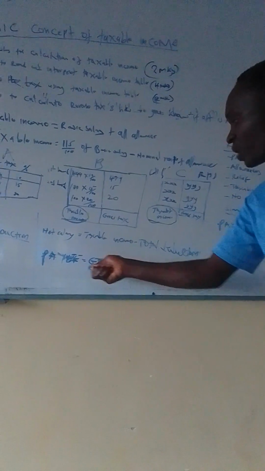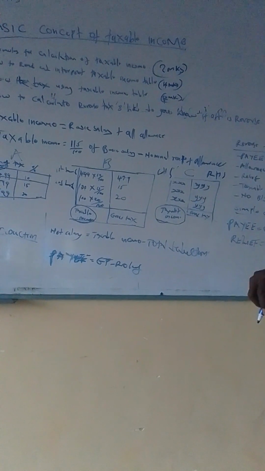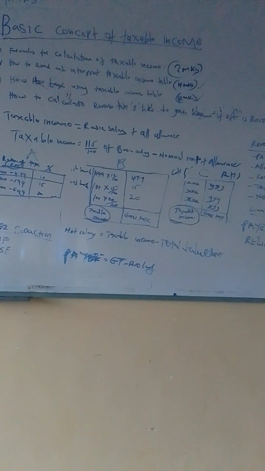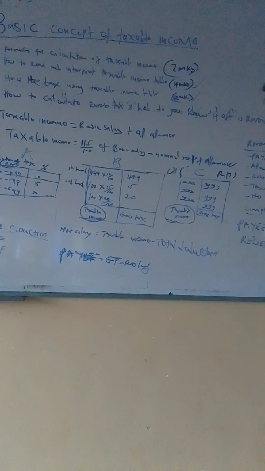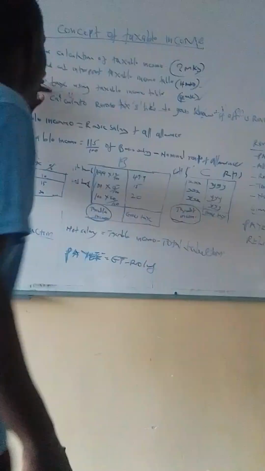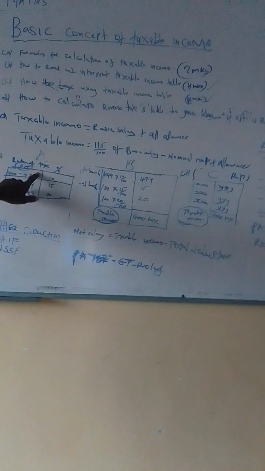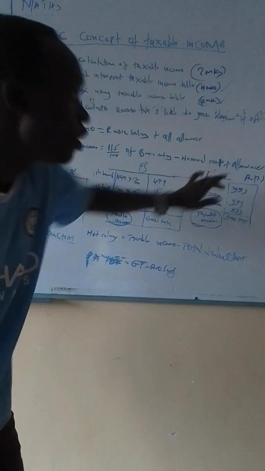So pay is equal to gross tax minus relief. Then you score 4 marks. You score 4 marks for how to read and interpret the taxable income table. Then part C, how to tax using taxable income. I have already done it from table A, table B, and table C.